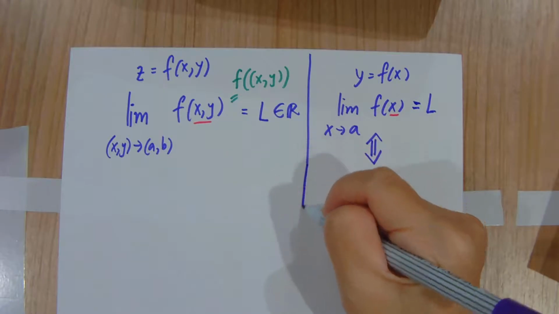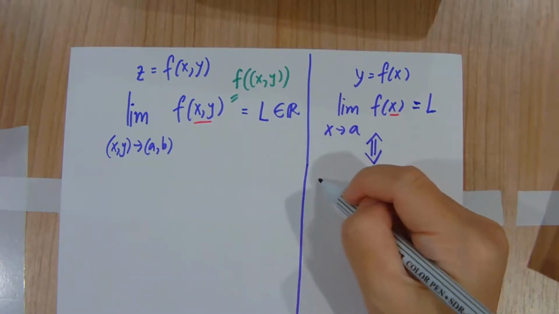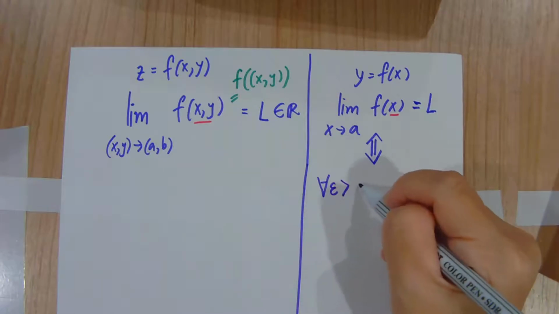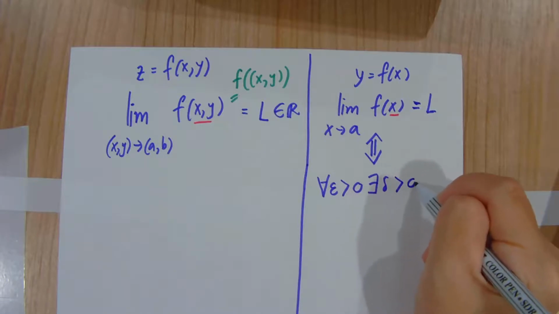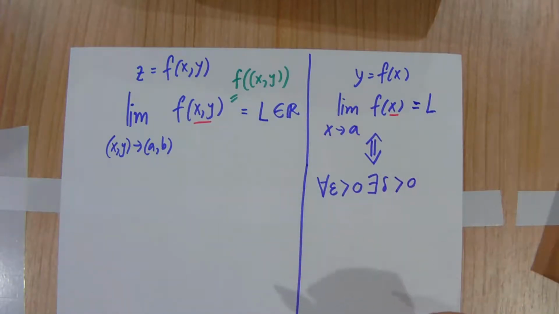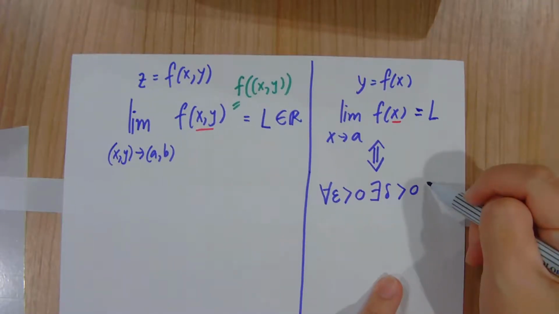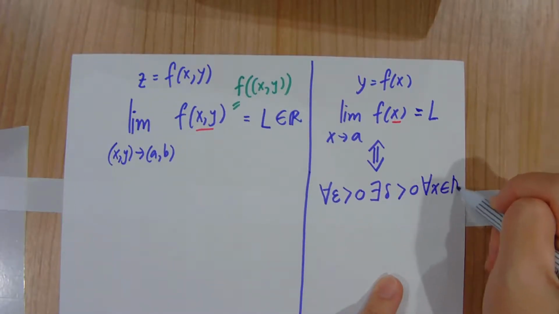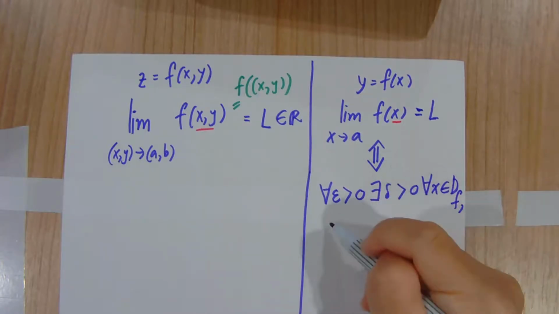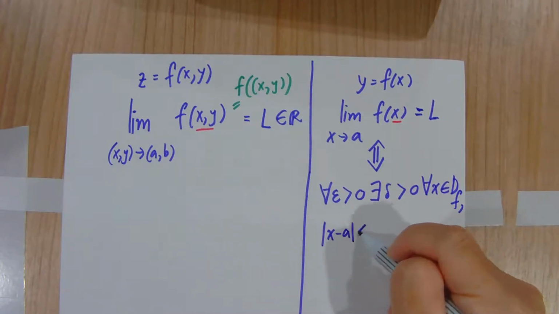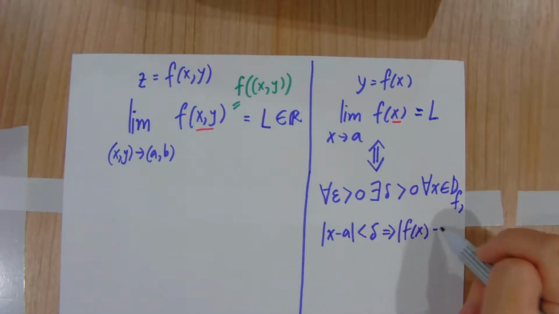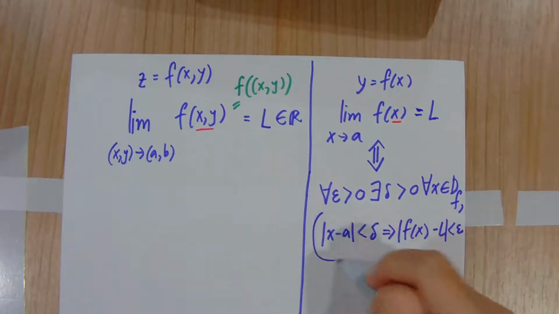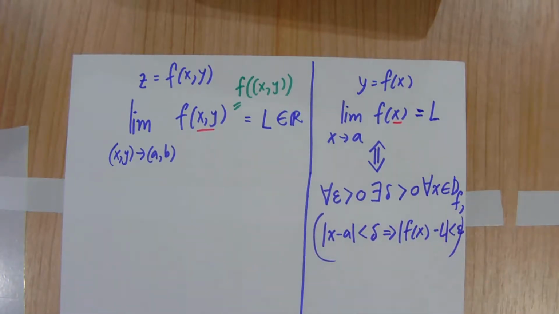For a single variable, it says that for every epsilon which is positive, there exists at least one delta which is positive too, and for every x in the domain of the function f, if the absolute value of x minus a is less than delta, we have to get that the absolute value of f(x) minus L is also less than epsilon. Okay, so this is the mathematical definition or the meaning of the limit.